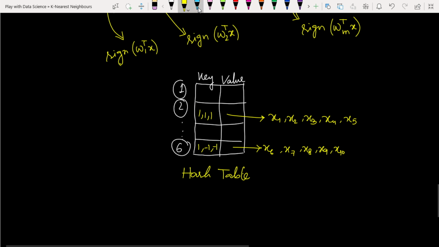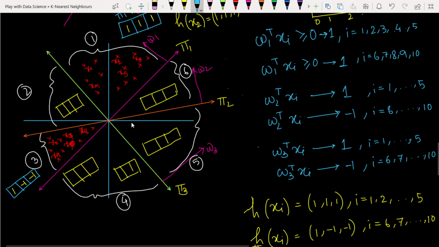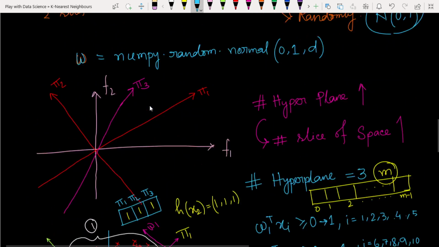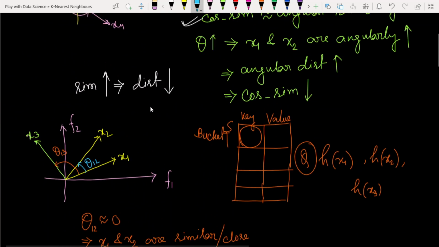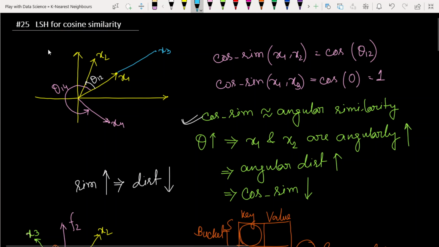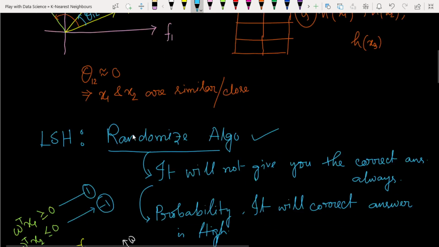What will be the time and space to construct it? Suppose we have n points in total and each point is d dimensional, because we have considered large dimensions for locality sensitive hashing. To handle large dimensional data points we use locality sensitive hashing, so we cannot assume d is small.